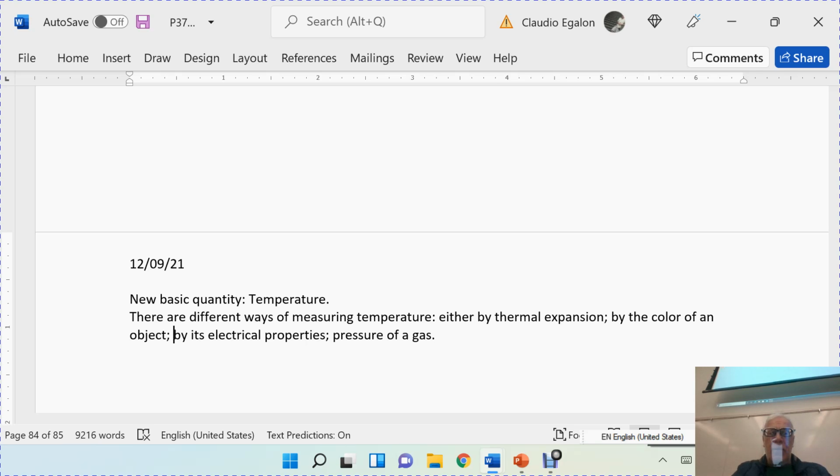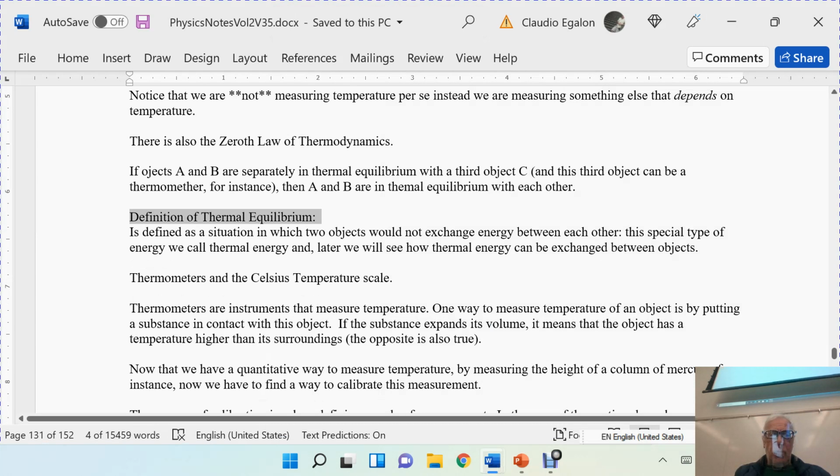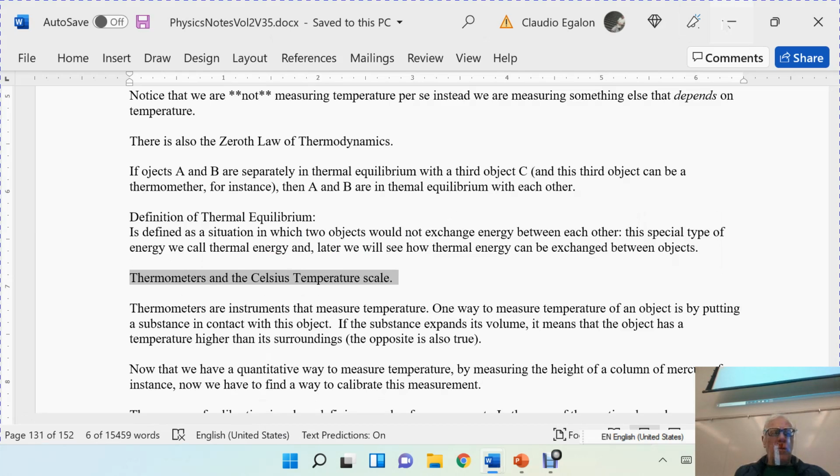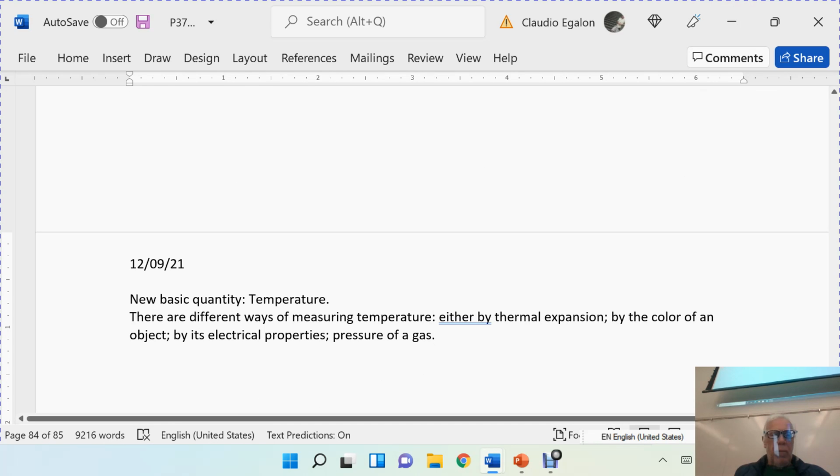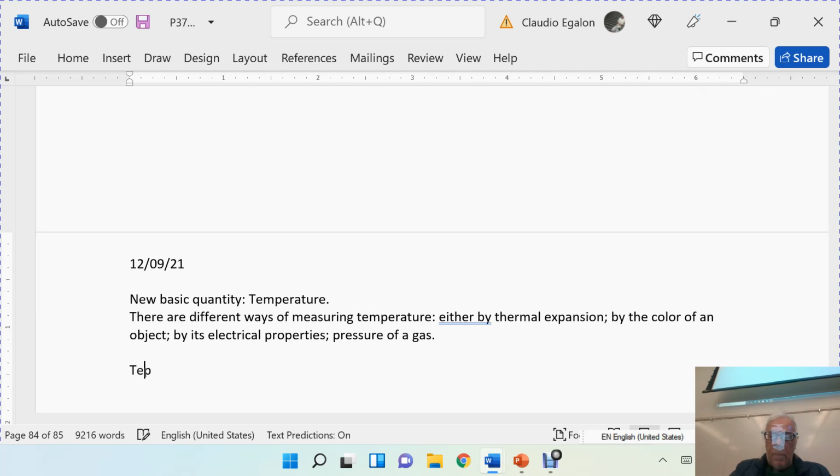What else you have to know? You have to know about temperature scales. How we quantify temperature using scales.